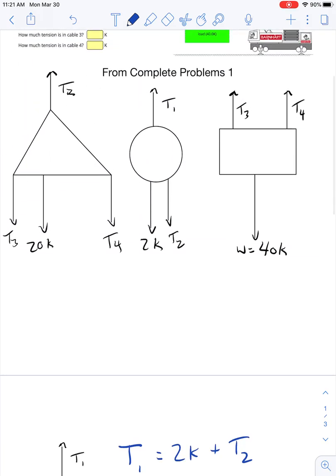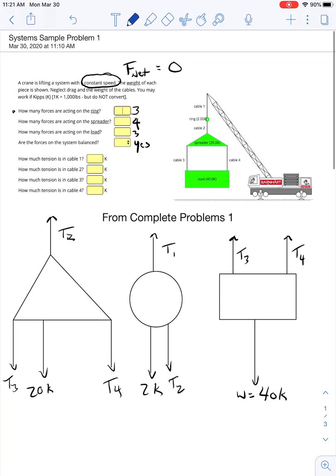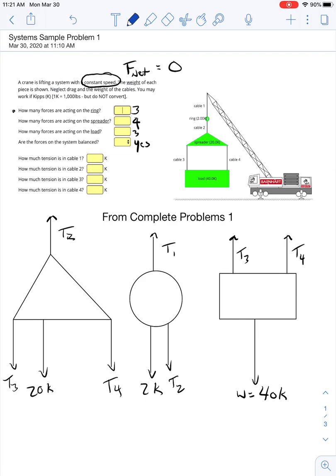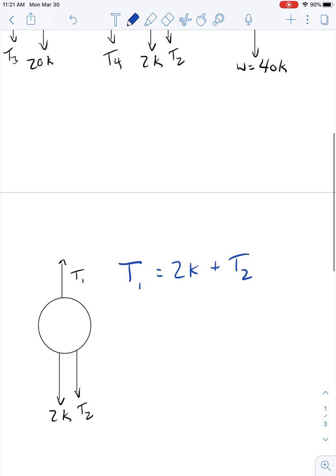Okay, so in order to find T1, I've got to think about what T2 is. Well, I can see up here that cable 2, this is T2, is holding up this whole weight of 60K. So therefore, T2 is equal to 60K. And T1 then would be equal to 2K plus 60K.